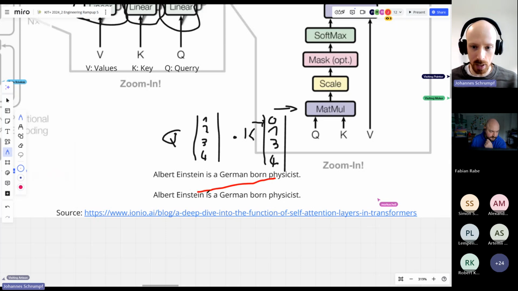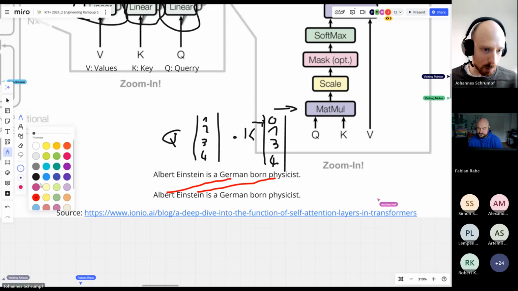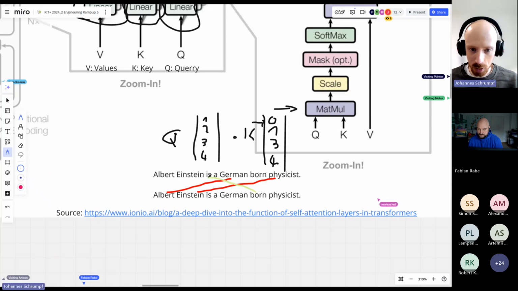Einstein and physicists are very closely related. And Albert and German are very closely related, because Albert is a typical German name. And then maybe born is related to is born. From a grammatical perspective, maybe is and born are related to one another.